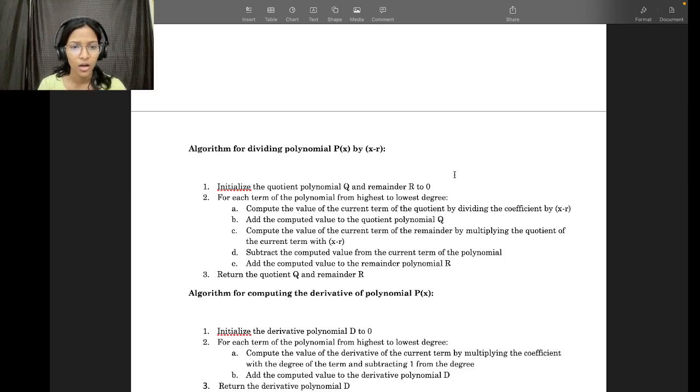Third, compute the value of the current term of the remainder by multiplying the quotient of the current term with x minus r. Next, subtract the computed value from the current term of the polynomial. The last step of the second step is to add the computed value to the remainder polynomial r. At last, return the quotient q and remainder r.